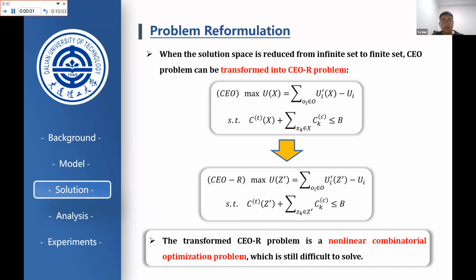After area discretization, we can reformulate the CEO problem into a CEOR problem, and the solution space is reduced from infinite to finite. But the transformed problem is a nonlinear combinatorial optimization problem, which is still difficult to solve.